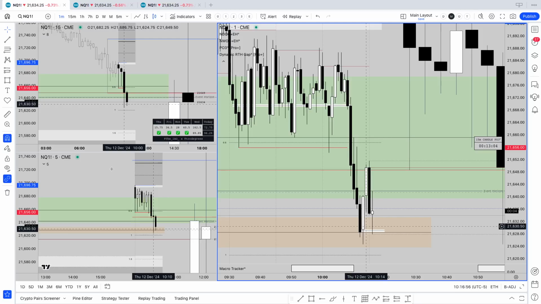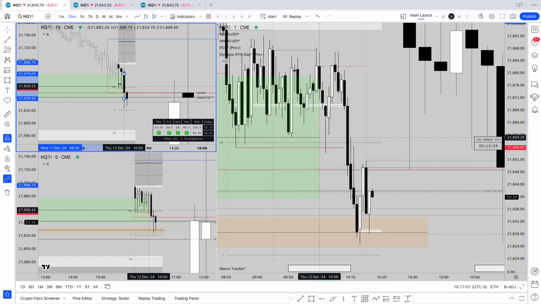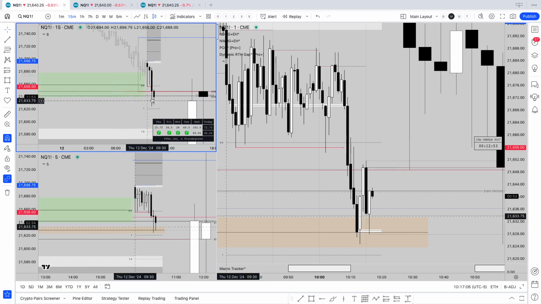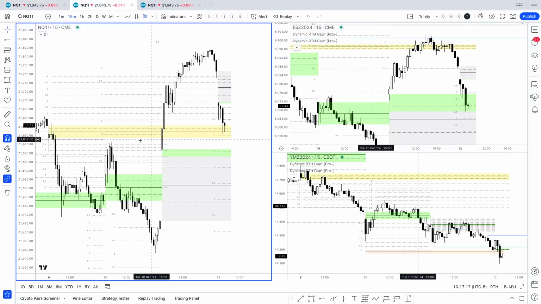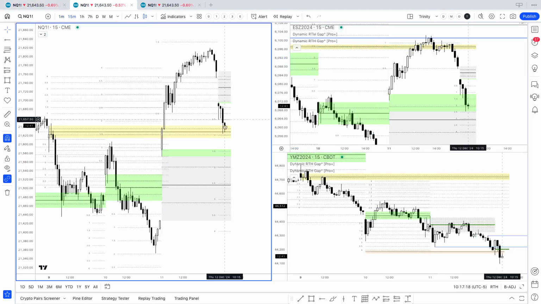I'm going to move this a little bit here just to see how we are trading inside of the new week opening gap here. We have SMT on ES. You see how we are trading at the consequent encroachment of the Monday regular trading hours gap here.